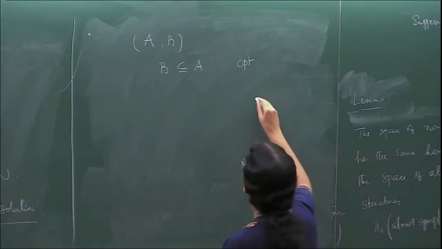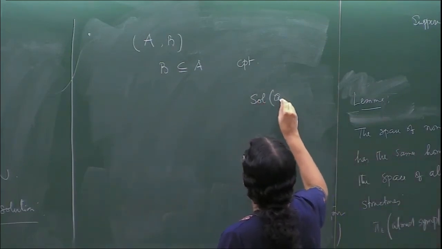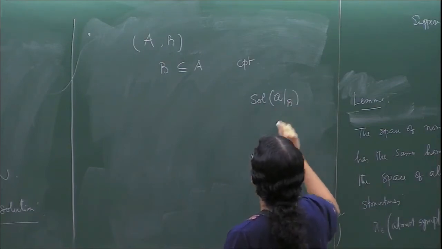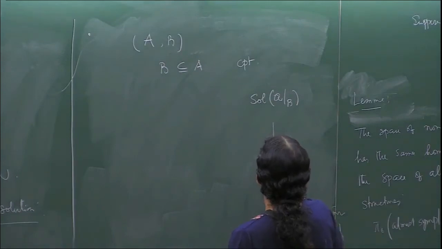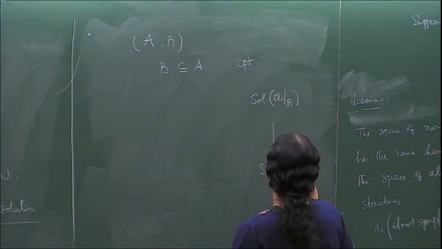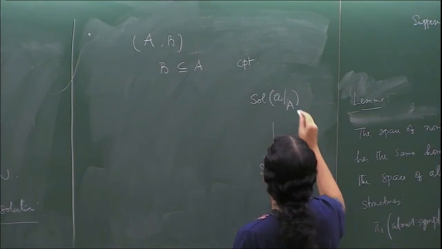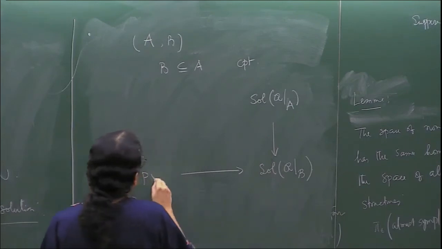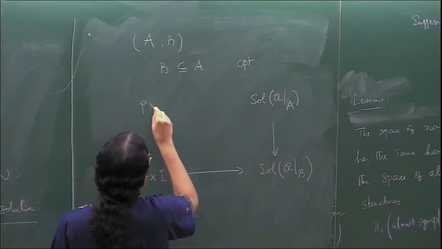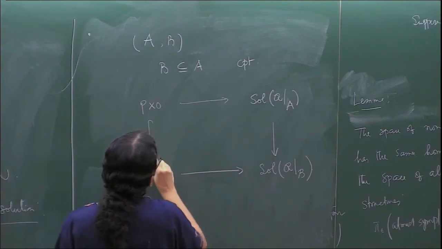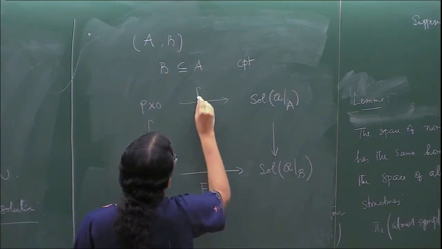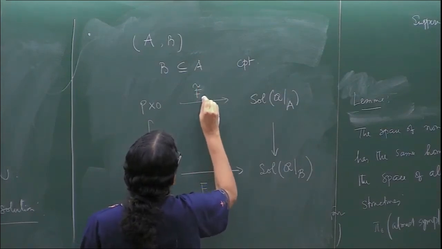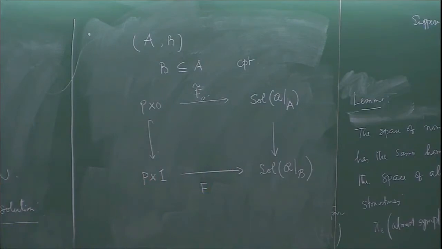So I consider the solutions of R over A and I restrict them to solutions of R over B. And suppose I have a homotopy lifting problem.